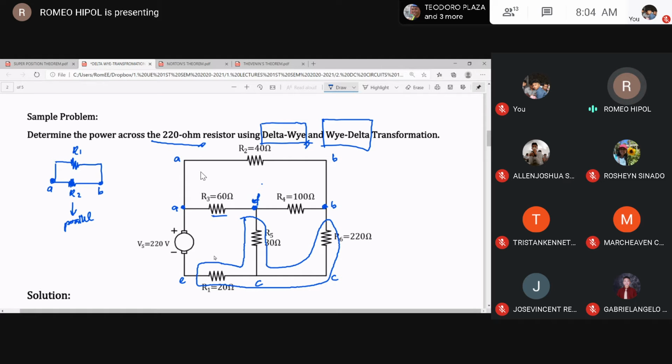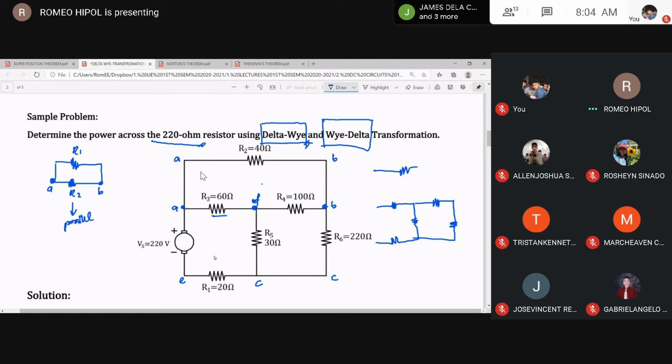Pero ang problem kasi is tinamaan yung R6. Kasi initially, kung tatanggalin natin yung effect ng supply, ito yung magiging circuit diagram. So, naka-open yung terminals natin dito. Naintindihan? Okay, so let's proceed.